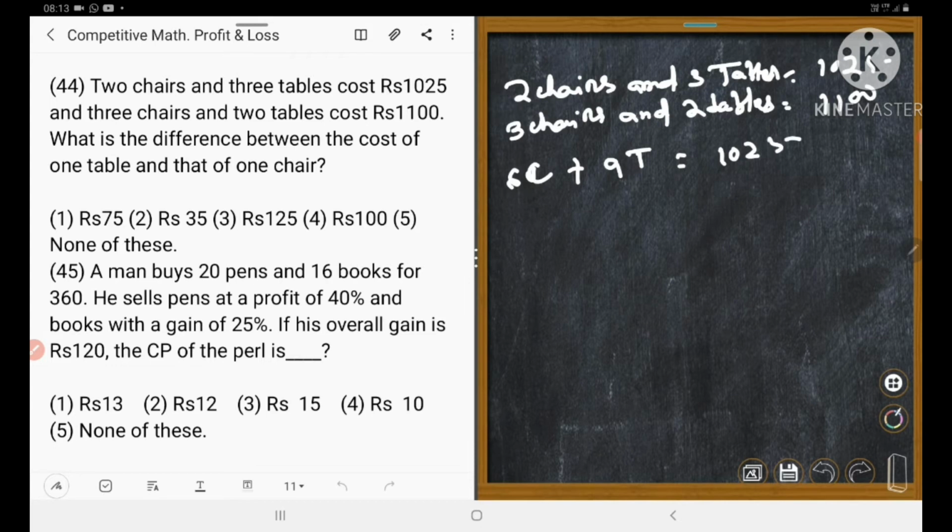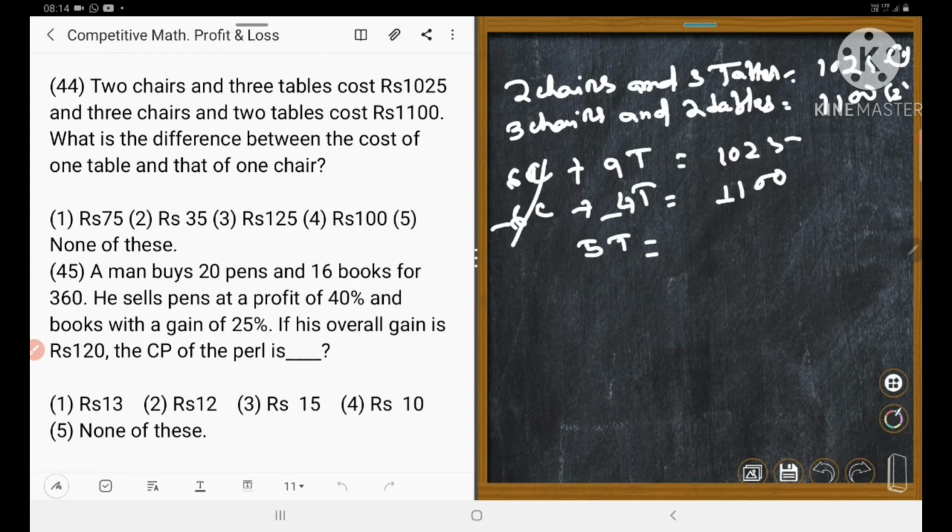Similarly, we will multiply the second equation by 2, that is 6 chairs plus 4T is equal to 1100. So minus, the 6 chairs will be cancelled. So the rest 9T minus 4T is equal to 5T.